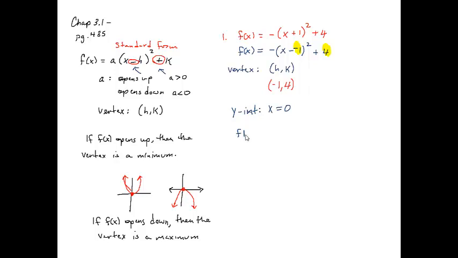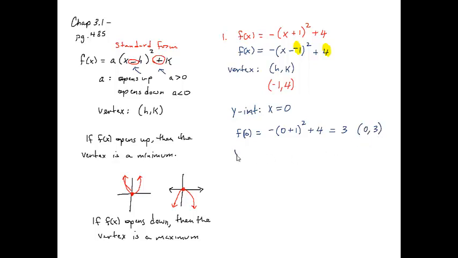And I have f of 0 is equal to negative parentheses 0 plus 1 squared plus 4. And you see I went back to the original function. I can do that. It's okay. Now that I have the vertex, I can write it back as plus, right? And that comes out to be 3. So the y-intercept is 3, which means I have a point (0, 3).